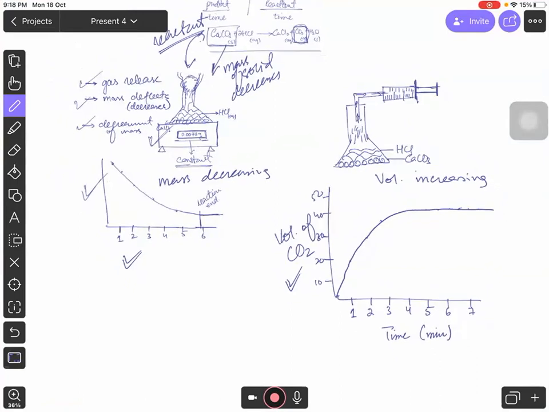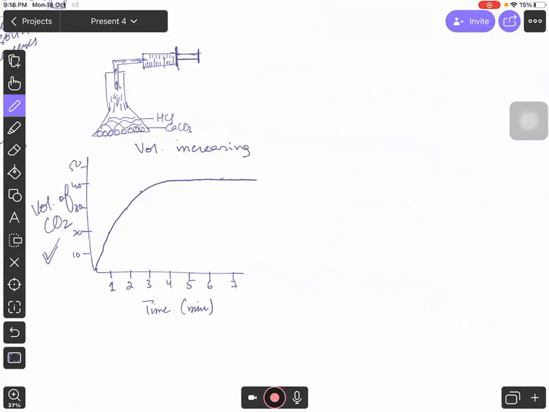One more apparatus that I have to show you is just like this. For example, if we have a beaker or a conical flask, whatever you are using for the reaction as a container, you can use that. For example, we are going to have a reaction over there, and definitely gas is produced, right? So we can convert this into just like this apparatus.